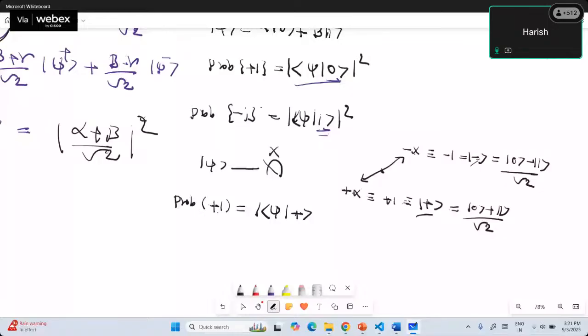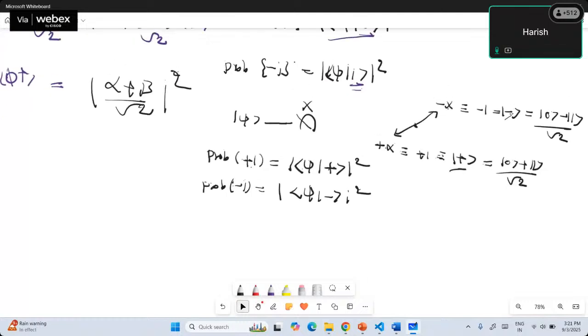So you need to do the inner product with the plus state and then do the mod square. Similarly, for the probability of minus 1, you need to do the inner product with the minus state. So in the X basis, if you want to measure, you need to perform the inner product with the plus and minus states.